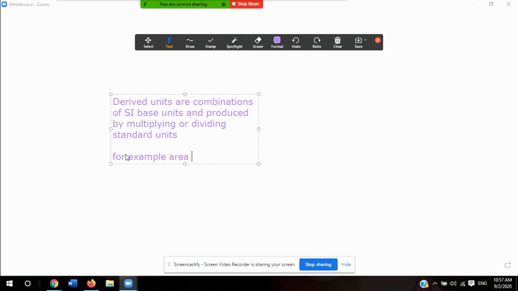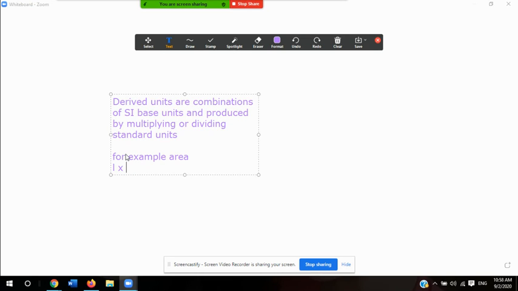Area is a derived unit. Length times width is both length and width. And we'll talk about area, mainly area of rectangular spaces. It's a derived unit because it's length times width, especially if you have a rectangle.